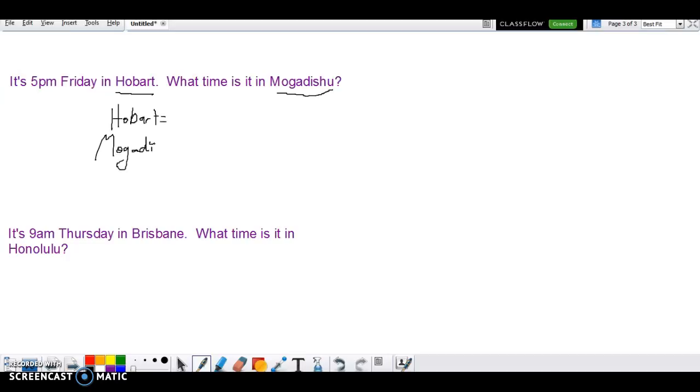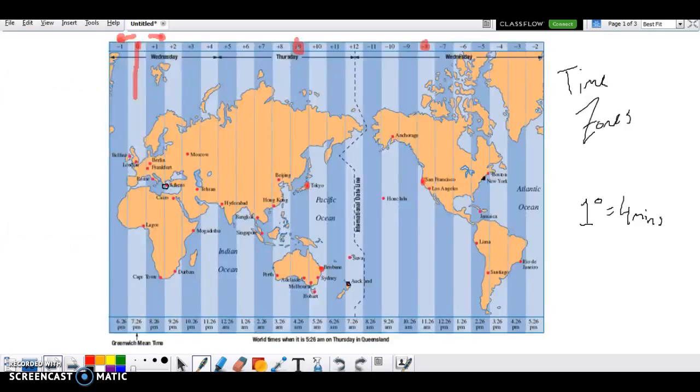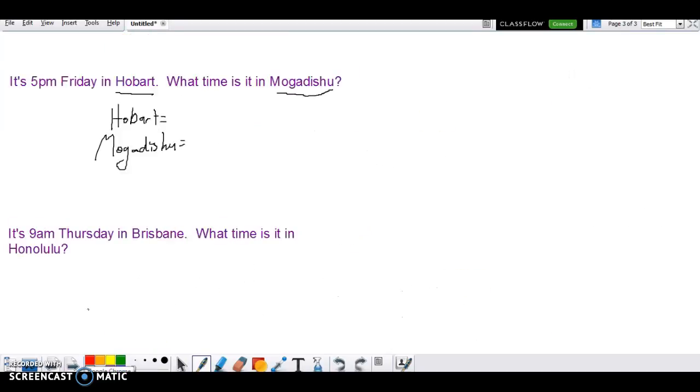Mogadishu is, so we've got Hobart, which is plus 10, and Mogadishu is plus 3. Difference is plus 10 take plus 3, which is going to be 10 take 3, 7 hours.